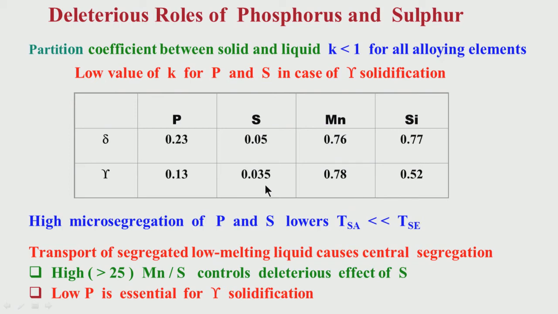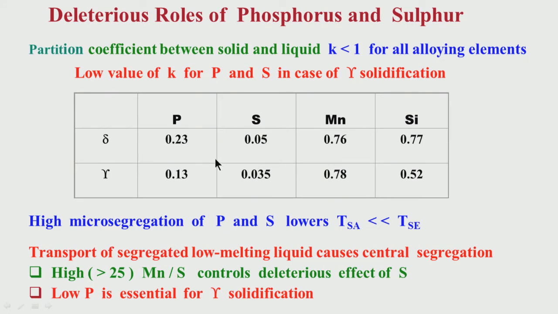So, what is important to understand is that if you compare the alloying elements, manganese, silicon, and phosphorus, sulfur has a much lower value of K compared to manganese and silicon. This is the first point to remember. So, phosphorus and sulfur are more potent for causing microsegregation compared to manganese and silicon. These values are not very low for manganese and silicon, but for phosphorus and sulfur the K values are quite low.